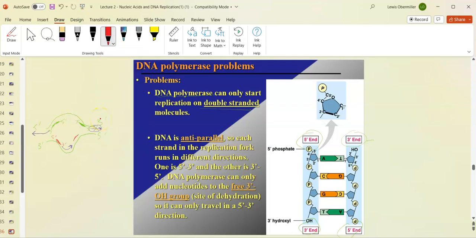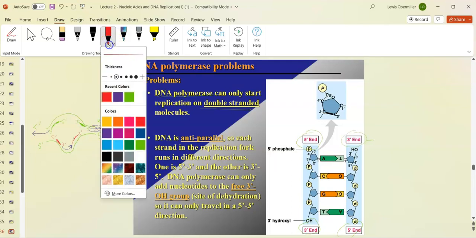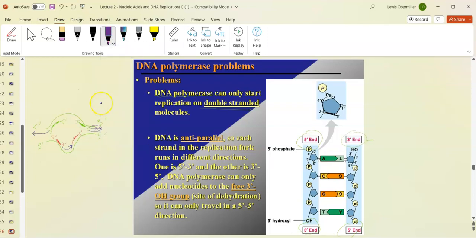If this is 5', then this is 3', and if that's 3', this is 5'. So this one could use purple. This one on the lower strand could continue to replicate, right? As opposed to this one on the upper strand. This one could not go this way.